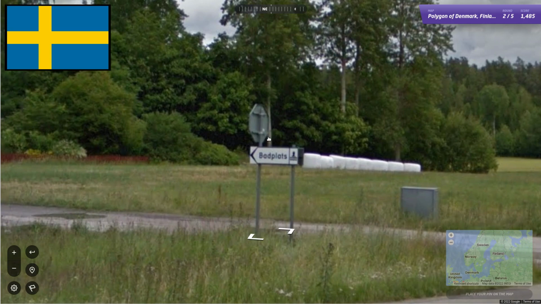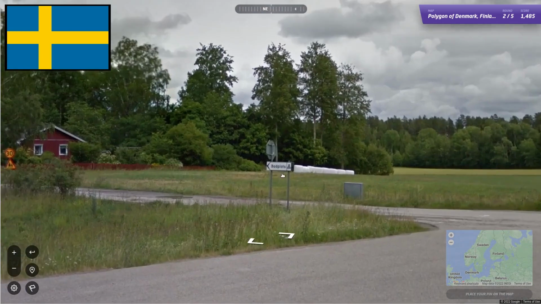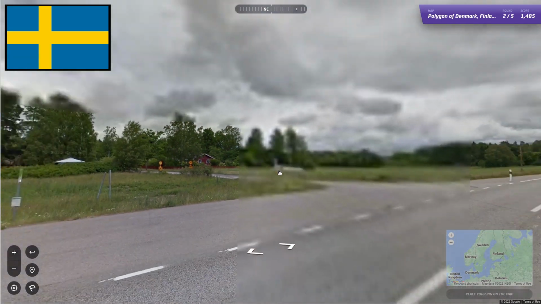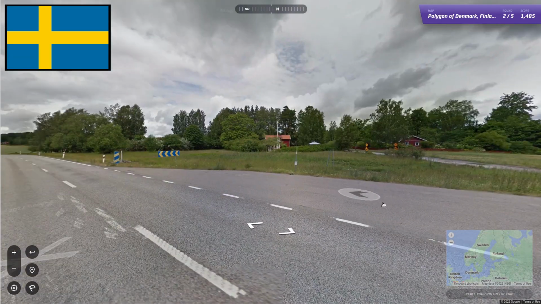Swedes also have this kind of white signs with black text, but these aren't places exactly either. This is a swimming place, literally swimming place, and you won't find these from the map until you are really near.